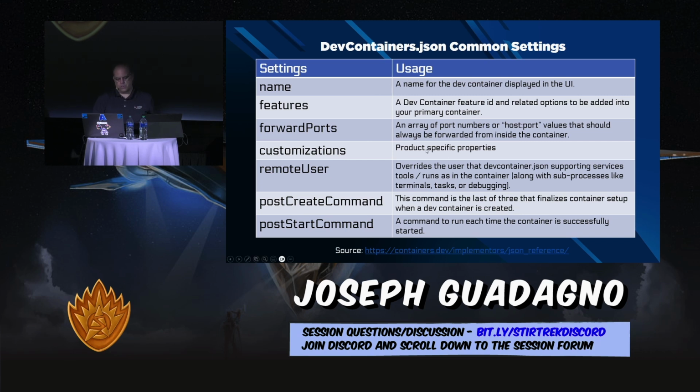And then the post create and the post start kind of vary. For my Jekyll site, I could have set the post start to run bundle exec jekyll serve. But I didn't want to do that because I don't want the server to start every time, because I'm usually going there and making changes anyway, which will cause it to stop and then restart.